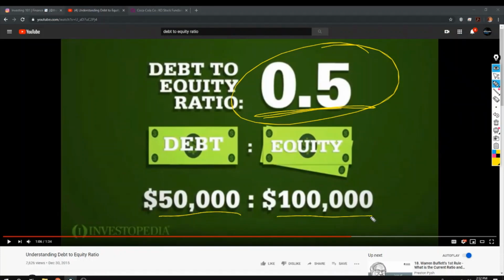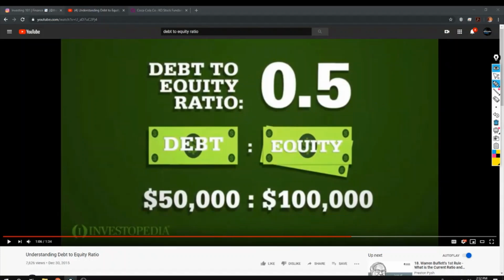Now, why is this important? Well, debt is a huge thing to consider when you're analyzing a company. Why? Because a company uses money to make more money. For instance, if they make a 20% return on their money and they are using $100,000, then that year they make $20,000.